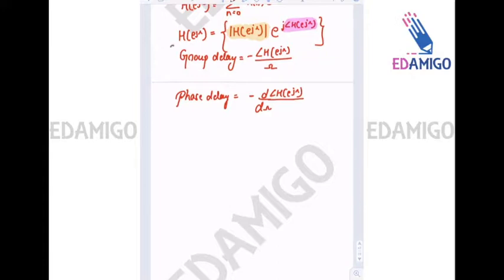So these are the two very important formulas. Equation number 1, this is equation number 2.